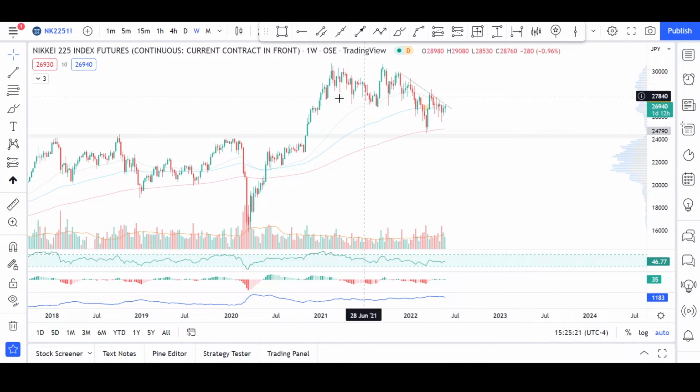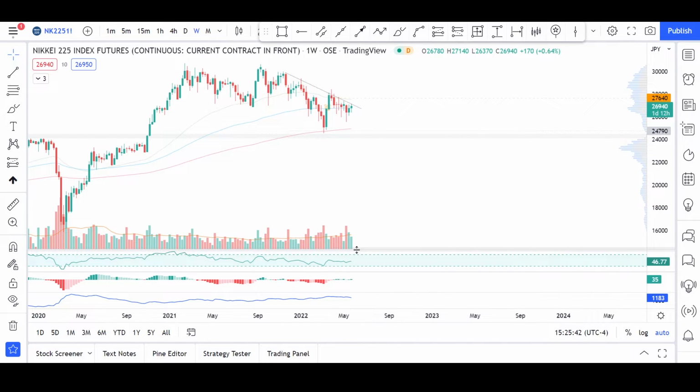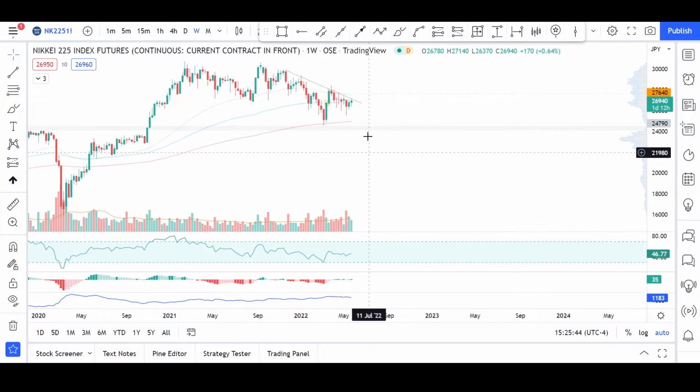Right now we are balancing around the area that we rebounded from in March, after the war between Russia and Ukraine commenced in March. On the RSI chart we can find relative strength, and we should cross this trend line any moment soon.